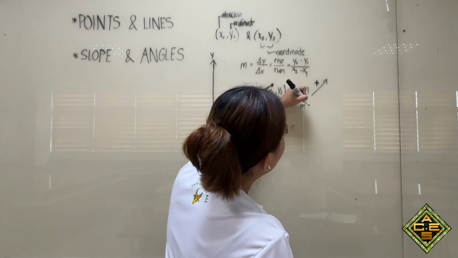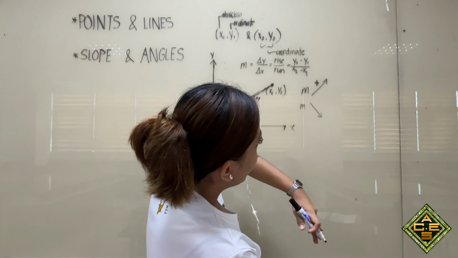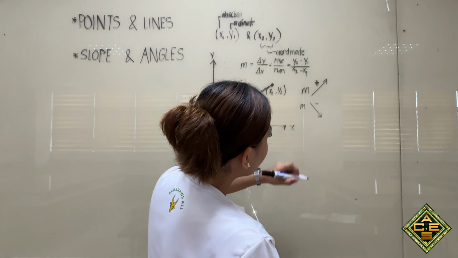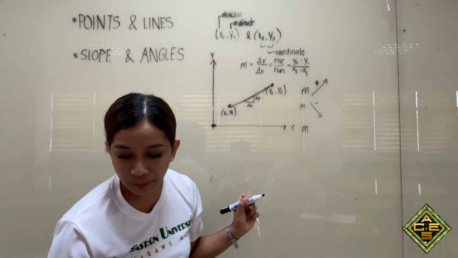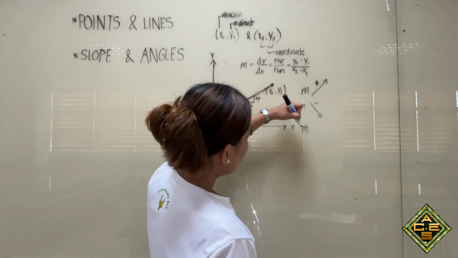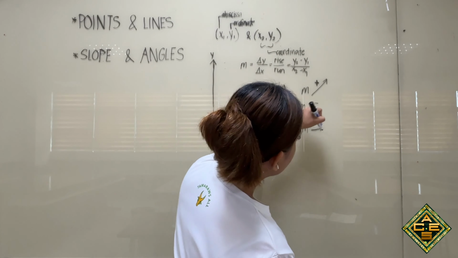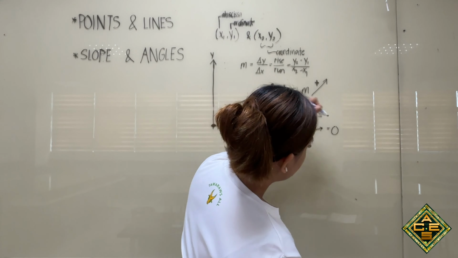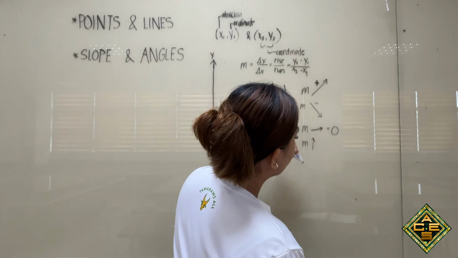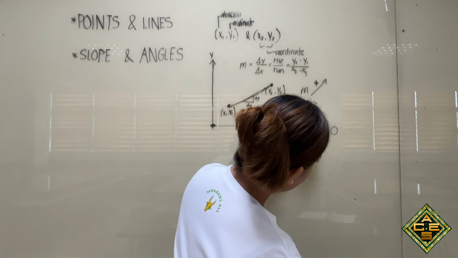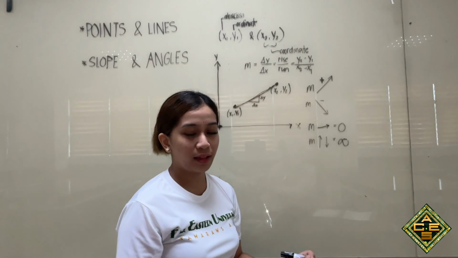If slope is going downwards diagonally, it's negative. If our slope is going horizontally straight, its value is 0. And if our slope is going infinitely upwards or vertical, or even downwards, the slope is infinite.